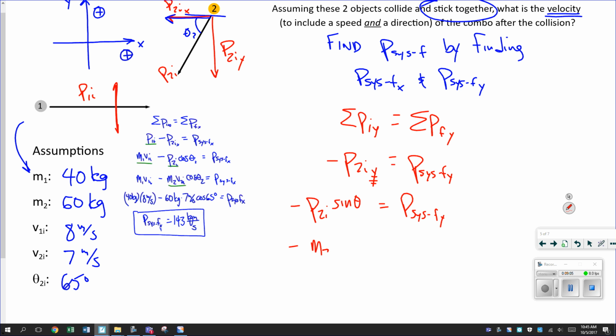Well, this is M2 V2 initial, keep the sine theta. This is M2, 60 kilograms, V2 initial, oh, 7 meters per second, times the sine of 65 degrees.